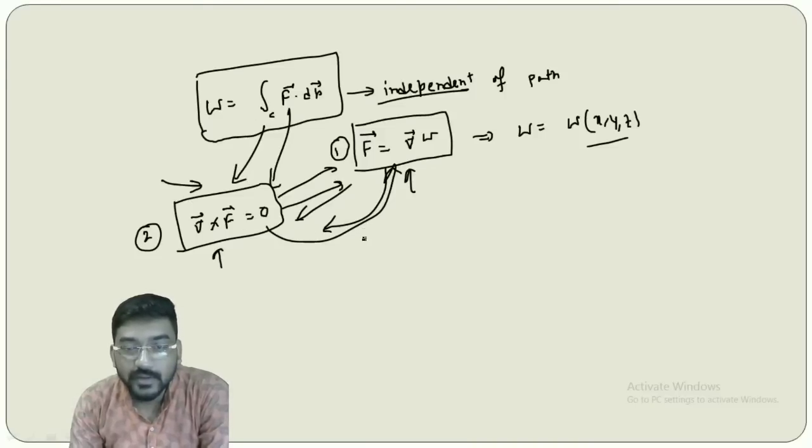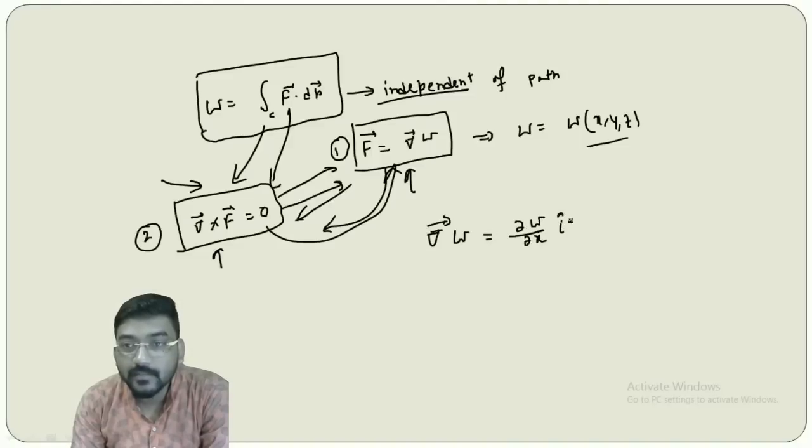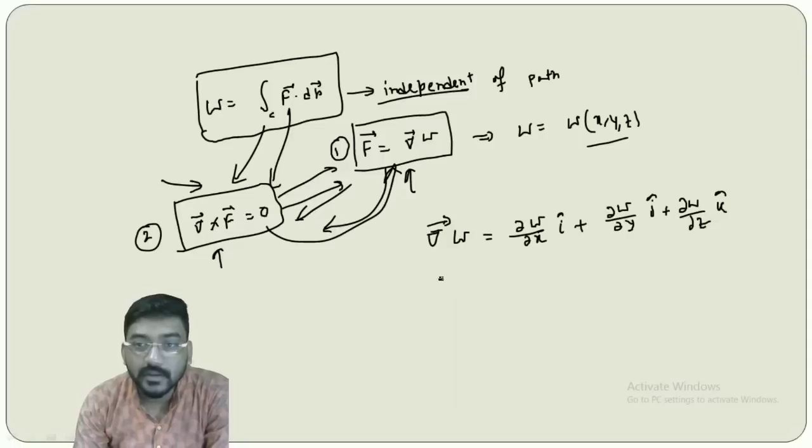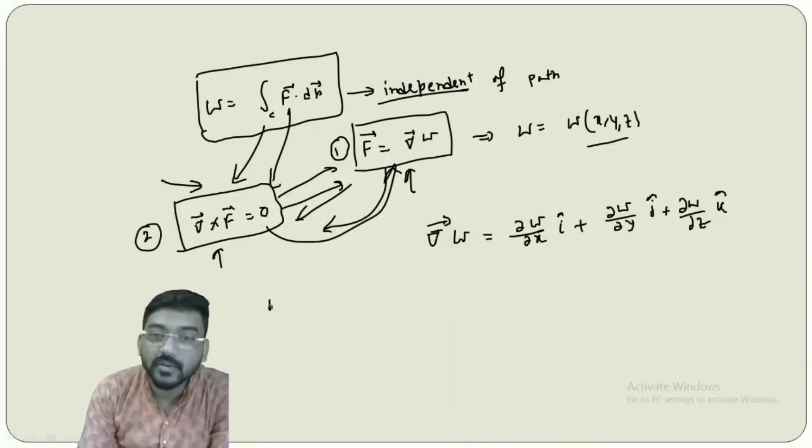But now it is sufficient to say that if F is equal to gradient of W, and we know that the gradient of W in the Cartesian coordinate system, when W is a function of x, y, z, is defined as del W del x i cap plus del W del y j cap plus del W del z k cap. This is the definition of gradient.